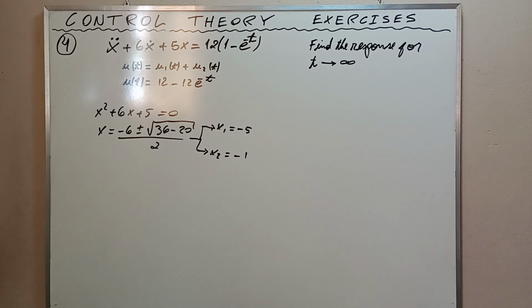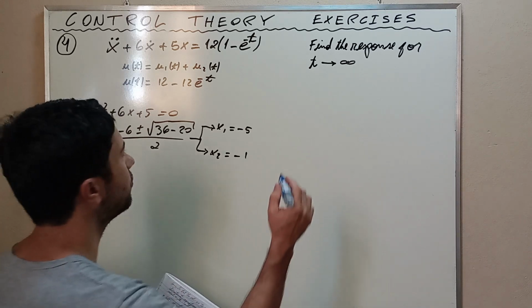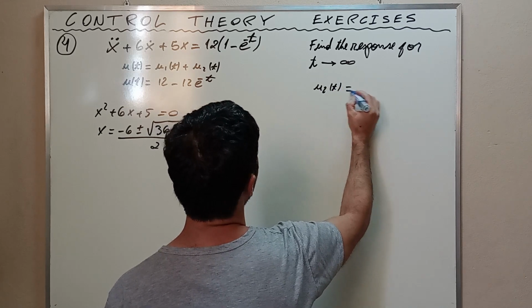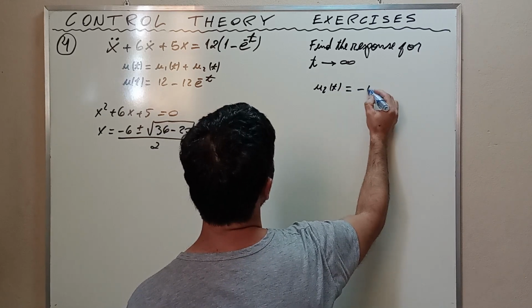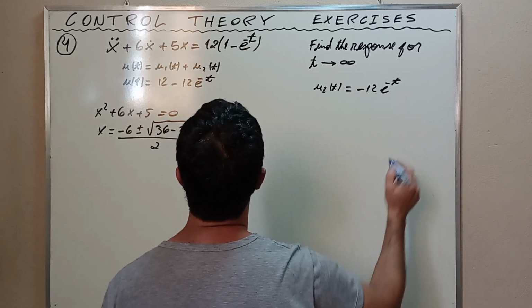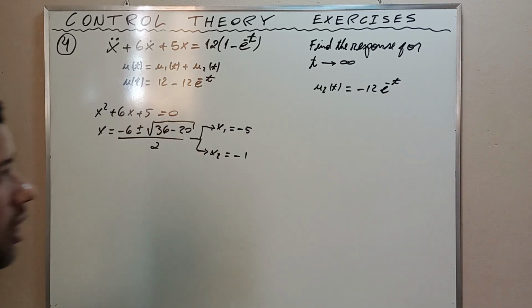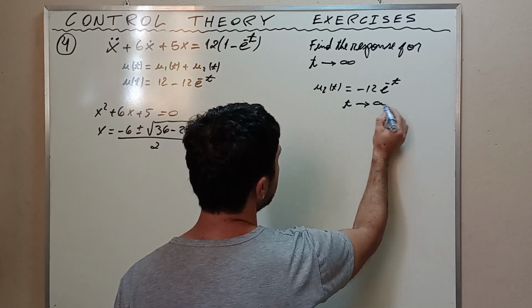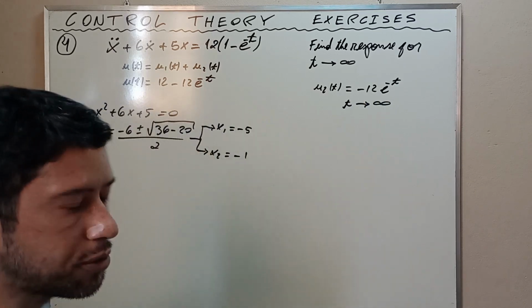Now let's consider again the forcing terms. Let's see this first: u2(t) equal to negative 12 times e raised to the power of negative t. Alright? Let's work on this. If time goes to infinity, what happens?